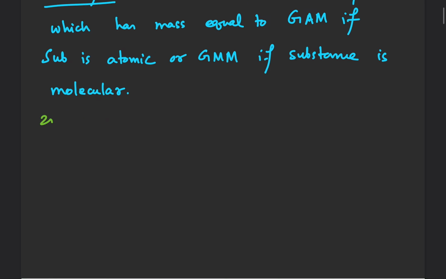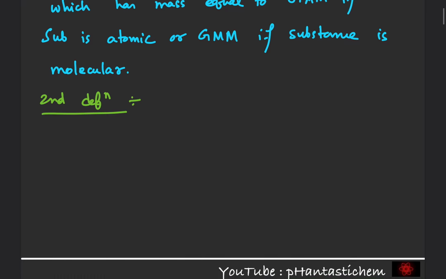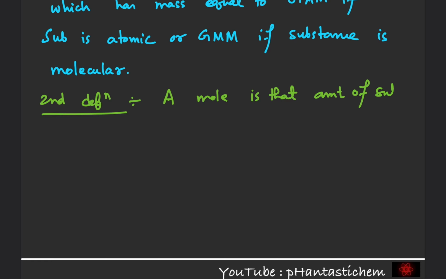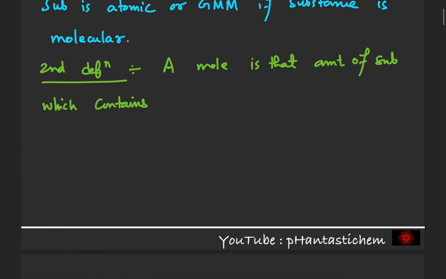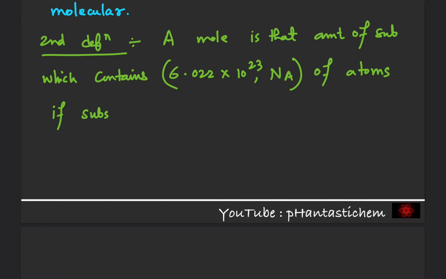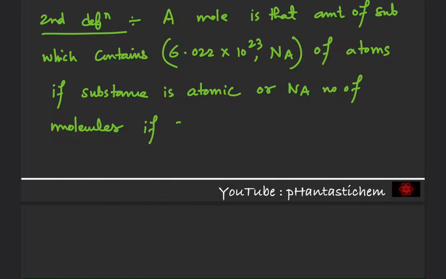The second definition is: a mole is that amount of substance which contains Avogadro's number, that is 6.022 into 10 power 23, which is also represented as Na, of atoms if the substance is atomic, or Na number of molecules if the substance is molecular.